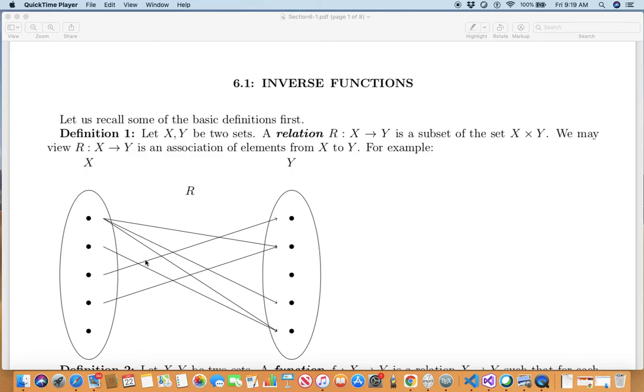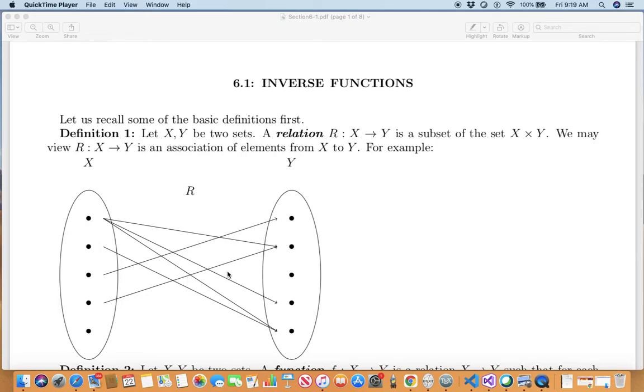For example, here is a picture. This is set X. This is set Y. The first element of X is associated to three elements of Y. The second element of set X is associated to one element of Y. The third element, one element here.